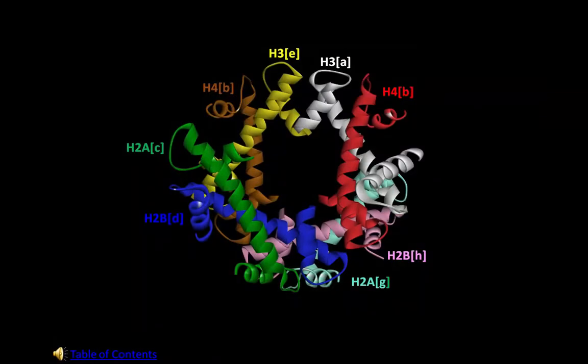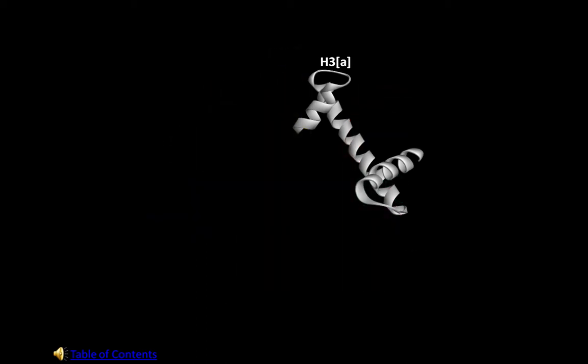Here's the octamer core again. Let's remove everything except a single monomer, in this case one of the H3s. This is subunit H3A. I pointed out previously that each individual histone monomer consists of a long central helix flanked by a pair of shorter helices.